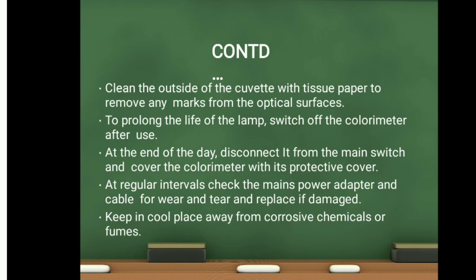At the end of the day, disconnect it from the main switch and cover the colorimeter with its protective cover. At regular intervals, check the main power adapter and cable for wear and tear and replace if damaged. Keep it in cool places away from corrosive chemicals or fumes.